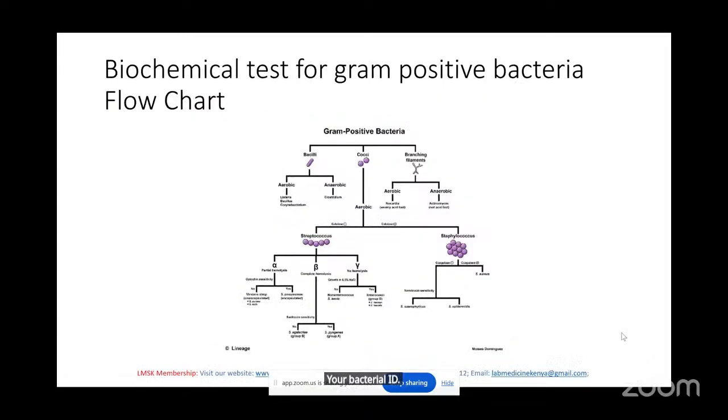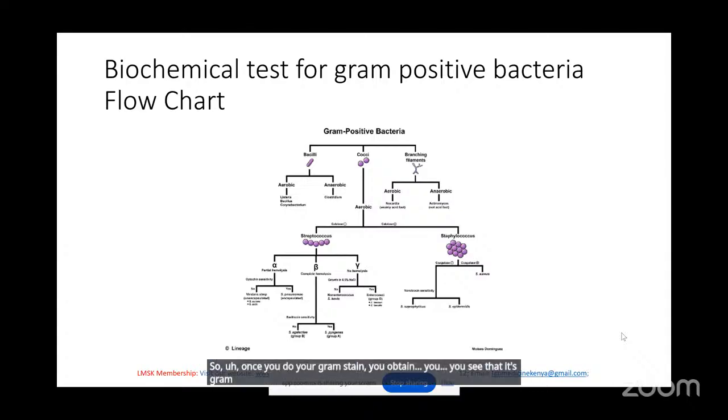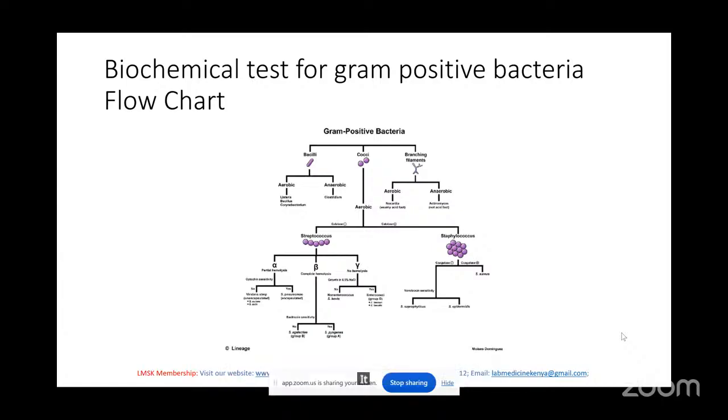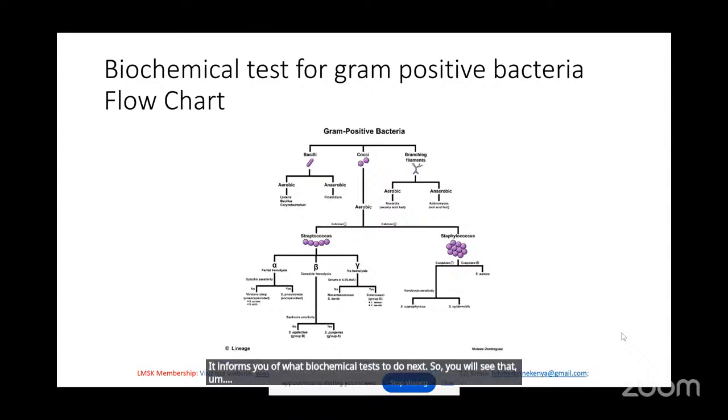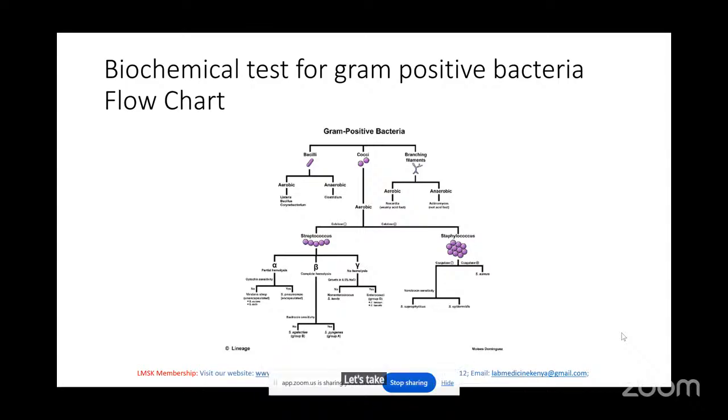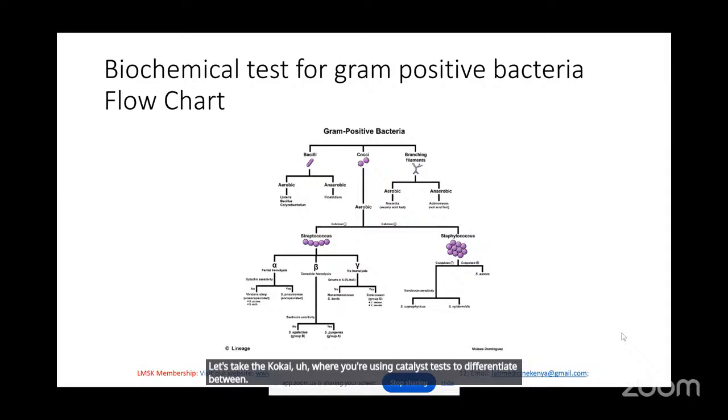So this is just a biochemical test chart. Once you do your gram stain and see that it's gram-positive bacteria, it informs you of what biochemical test to do next. Let's take the cocci, where you're using catalase test to differentiate between Staphylococci and Streptococci.